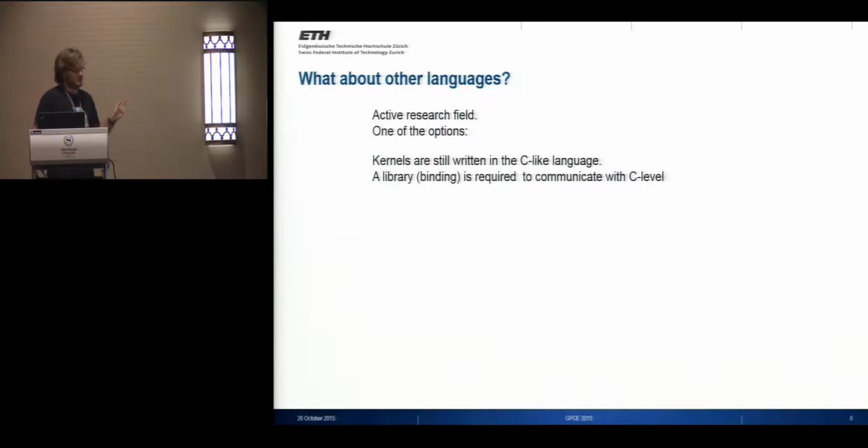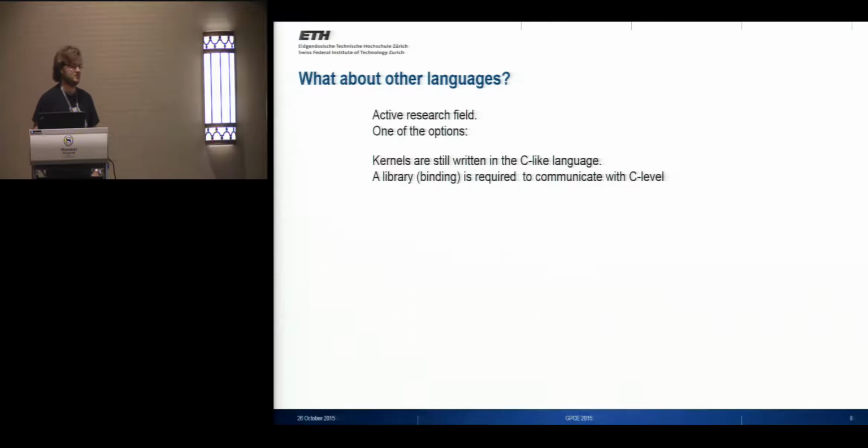Well, that was just some basics that you have to know if you want to even start. So what about other languages? What if you want to program in a language different from C? I must tell that it's a very active research field, and new approaches and frameworks appear pretty much every week.